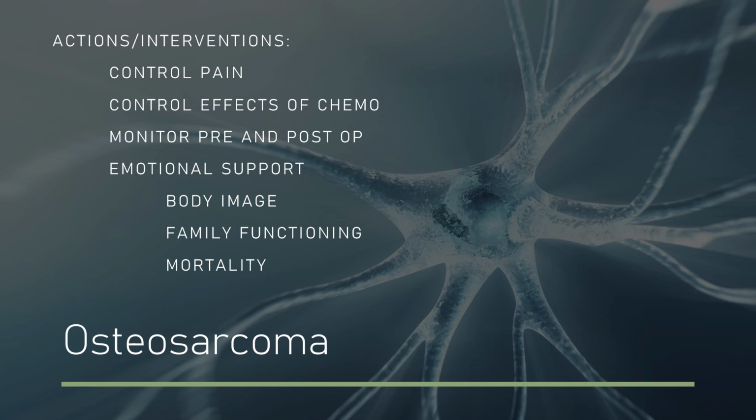We want to try to control all of the side effects and adverse effects of chemotherapy for the child or teenager. We're going to monitor them pre and post-operatively for infection, bleeding, and pain, and then we need to provide really good emotional support.